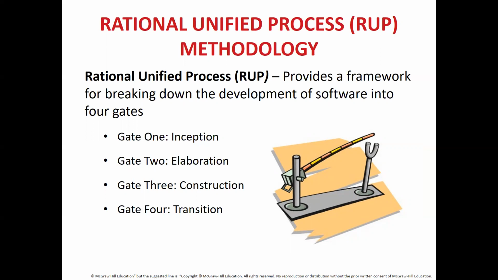Inception is very much the same as planning. Elaboration is more like what you have in analysis, whereby all the requirements are gathered, and also the design phase, where the design or the logical model is built. After that comes construction.